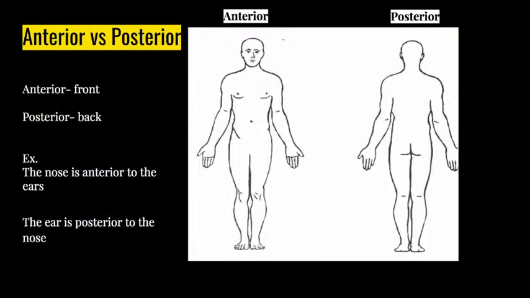They are interchangeable. Posterior refers to structures closer to the back side of the body, and dorsal is commonly used in place of posterior. The ear is posterior to the nose. So anterior and ventral are interchangeable, and dorsal and posterior are interchangeable. They mean the same thing.